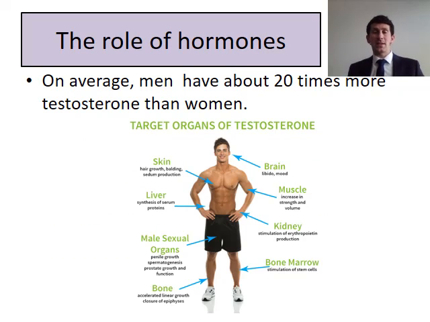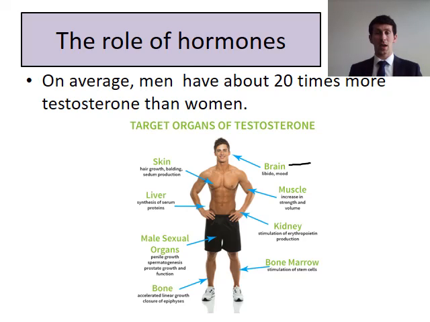Like we previously stated, it's hormones that do most of the work for gender development. Chromosomes obviously determine what hormones are going to be released, but it's hormones that determine gender development. The main one that we've already discussed is testosterone, and on average, males have about 20 times more testosterone than women. You can see target sites for testosterone.